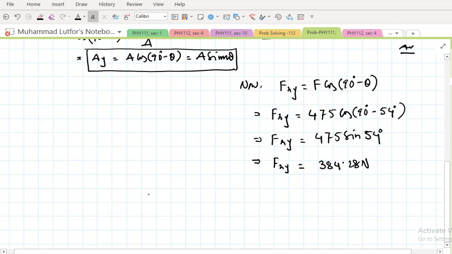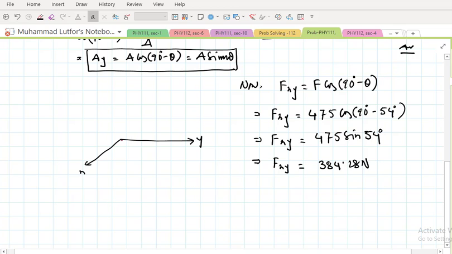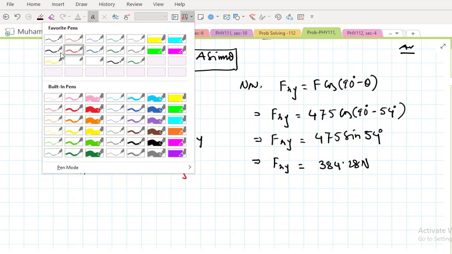I can draw over here: this is your x-axis, this is your y-axis, and this is your F xy, which creates an angle of 33 degrees with the x-axis. Now again I will use the component method.